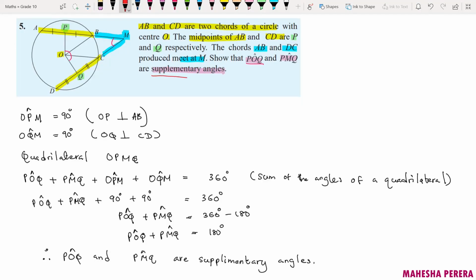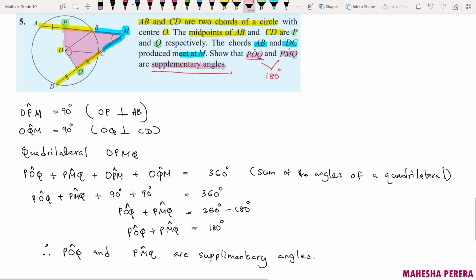So what are supplementary angles? When you add these 2 angles, you should get 180 degrees, right? So these are supplementary angles. Right, now, if you consider this quadrilateral, right?